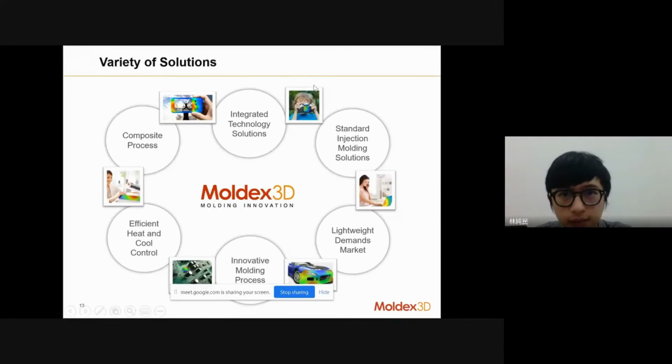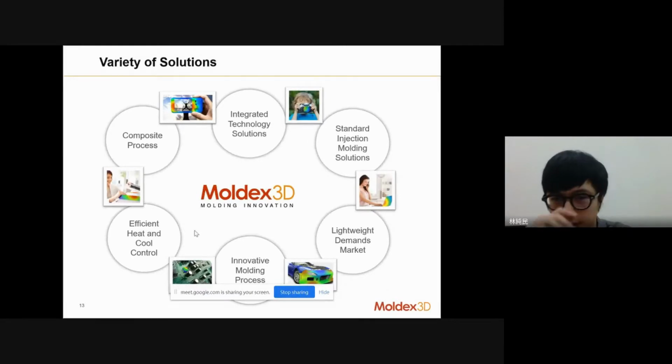Okay, let's move to this slide. Like I mentioned, the optical, because of the integrated technology solutions, we need to consider whether it is transparent enough, and the standard injection molding solutions and lightweight demand market here, because for automotive there is a lightweight demand that can save the consumption of energy. Then innovative molding process, the innovating of IC package, because they improve their generations, it changes very fast.